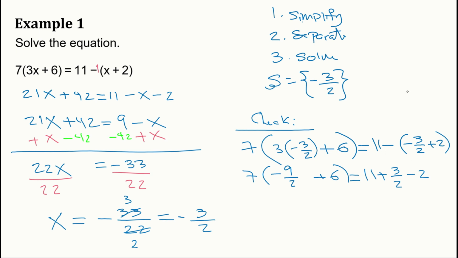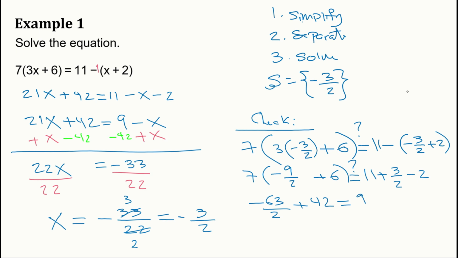So we have negative 63 over 2. Here we're distributing the 7, plus 42, and we need to put question marks on top of those equal signs because we're checking. We haven't established that the two sides are equal yet.